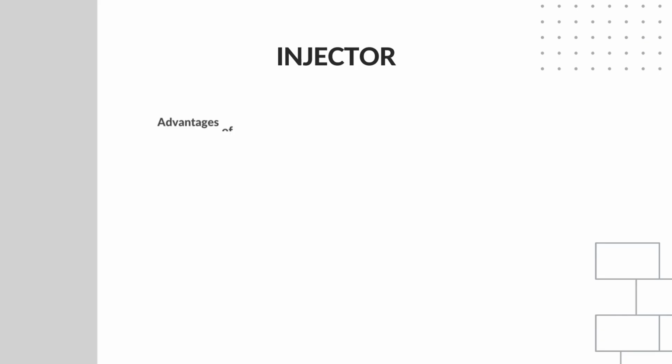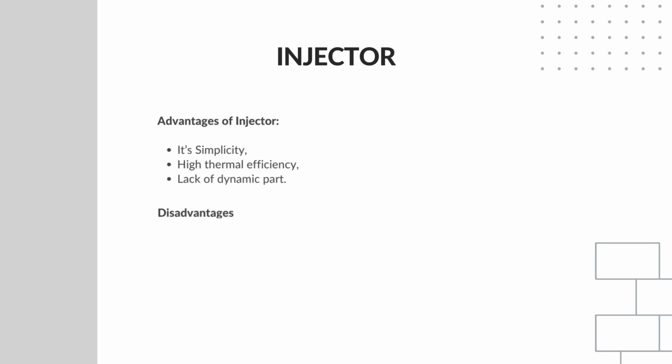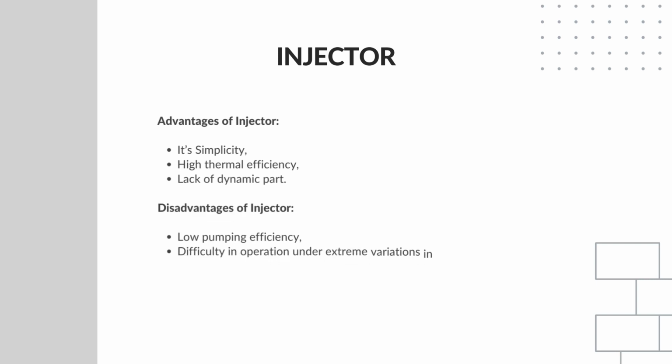Now, the advantages of injector: its simplicity, high thermal efficiency, lack of dynamic parts. Now, disadvantages of injectors: low pumping efficiency, difficulty in operation under extreme variation in steam pressure.